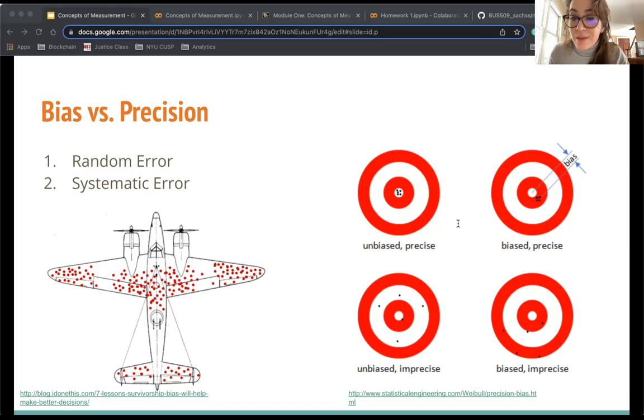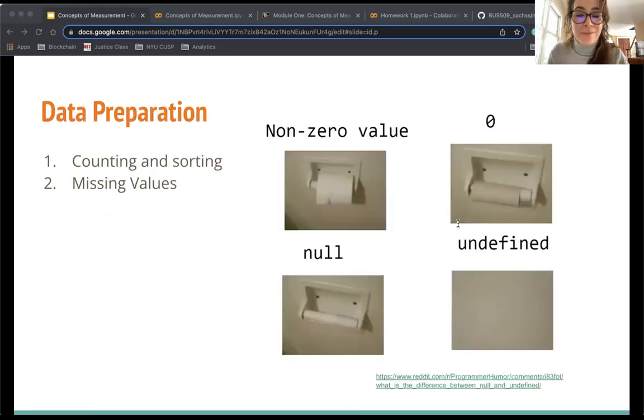But if we had an imprecise measurement, we can think of that 5-pound difference as continuing to be there, and that would be a biased example. We can also have unbiased and imprecise measurements, which might be considered random error, and biased and imprecise measurements would be an example of our survivorship bias.